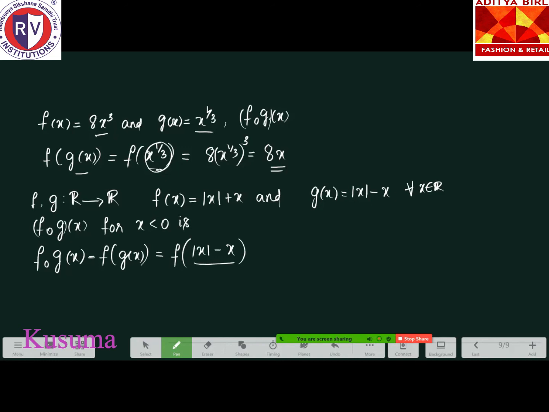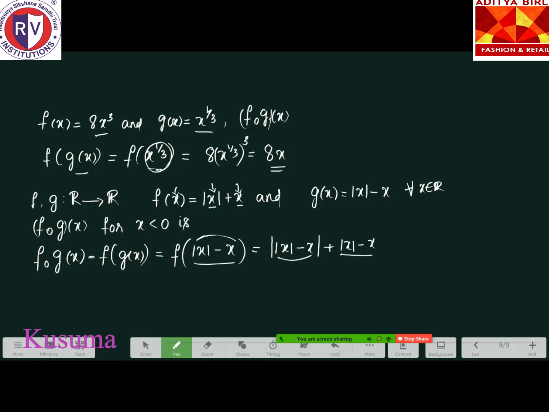Wherever there is x in the function f, we have to substitute this entire term. That is mod of this mod x minus x, plus mod x minus x. See here, within the modulus there is x, so I have substituted this entire term, and here there is plus x, so in the place of x, I have substituted this entire term.